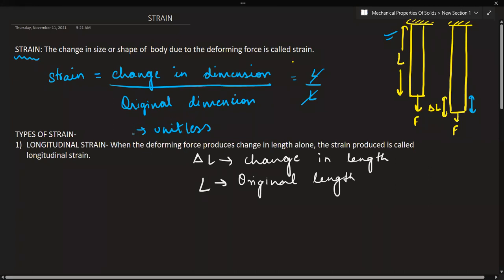That's why it would be unitless and dimensionless. If length, or whatever dimension, is taken in the numerator and in the denominator, both are the same. That's how we get a dimensionless quantity. Understood what is strain?